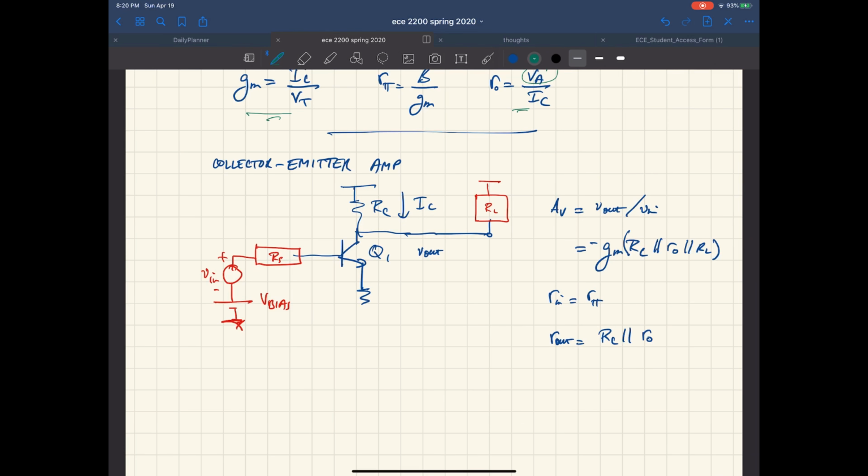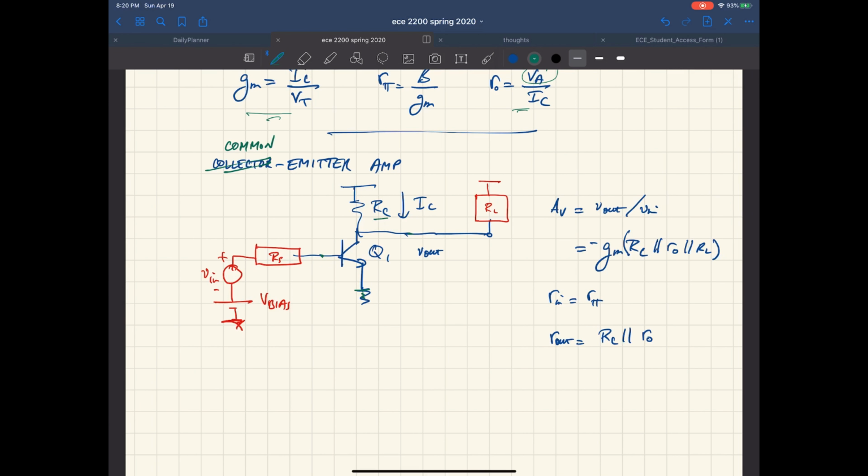So anyway, we just looked at two amplifier structures in the class. The first one was the common emitter amp, which means the emitter is in common with the input and the output.